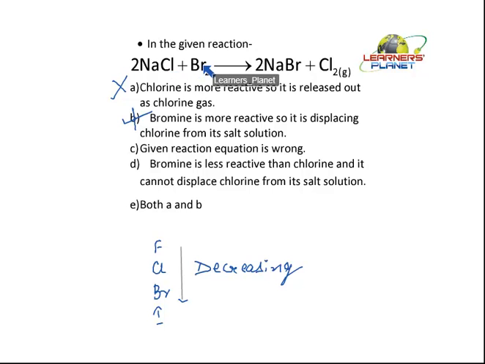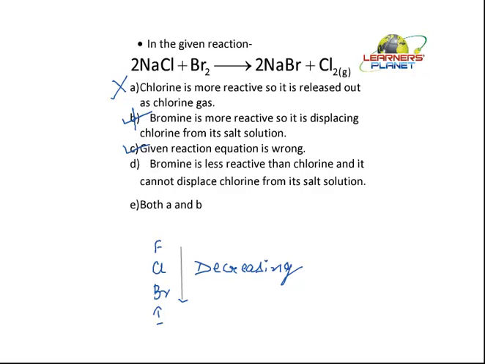So if chlorine is more reactive, can chlorine be replaced by bromine? No. This reaction itself is wrong. So what will be your correct option? The given reaction equation is wrong. The reaction cannot take place, because bromine is less reactive than chlorine and cannot displace chlorine from its salt solution.